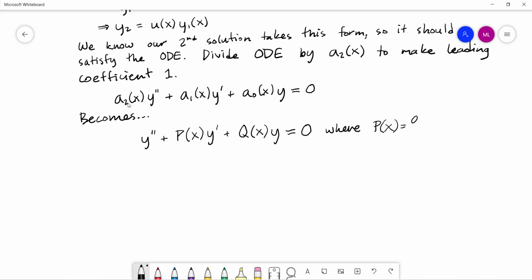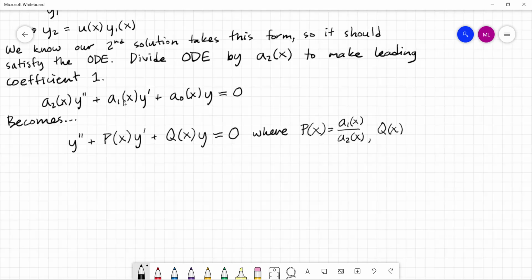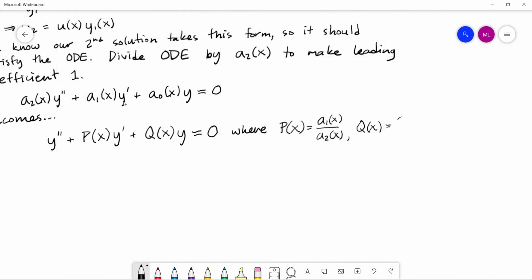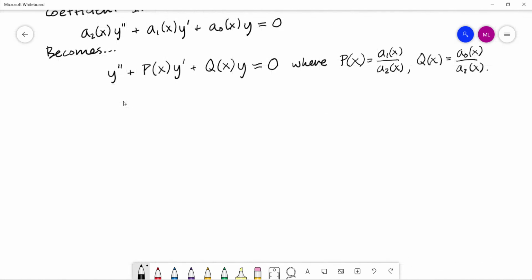So p of x is just a1 of x over a2 of x, and similarly the q of x term, that coefficient over here, is just a0 of x divided by a2 of x. So this is going to be a much easier equation to deal with. So basically get your second order differential equation into this form by dividing by the leading coefficient if necessary. And this is the equation that we're going to be solving.